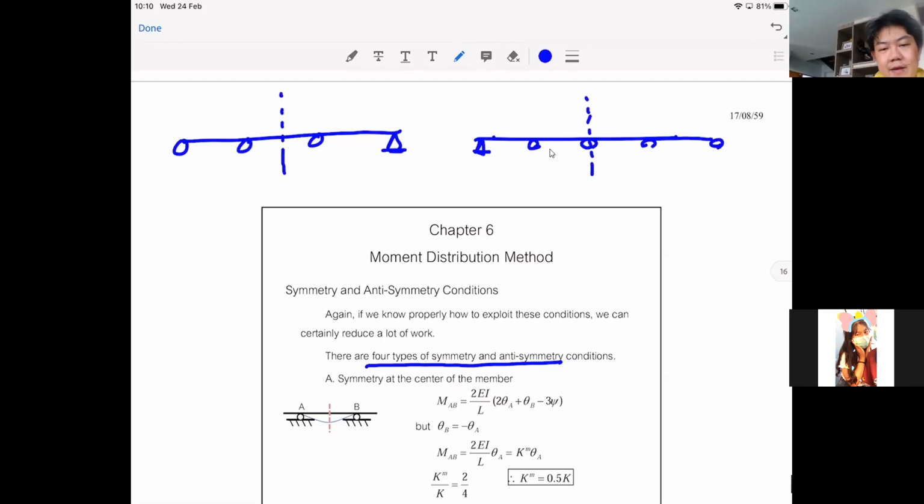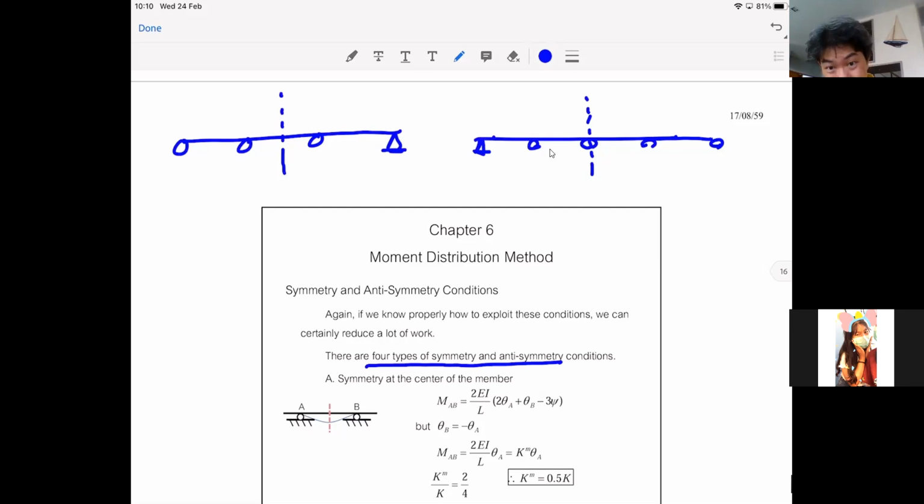Okay? And what would give you the symmetry and anti-symmetry conditions? Can anyone answer? I guess not. So symmetry would be when you have both symmetric structure and symmetric loading condition.